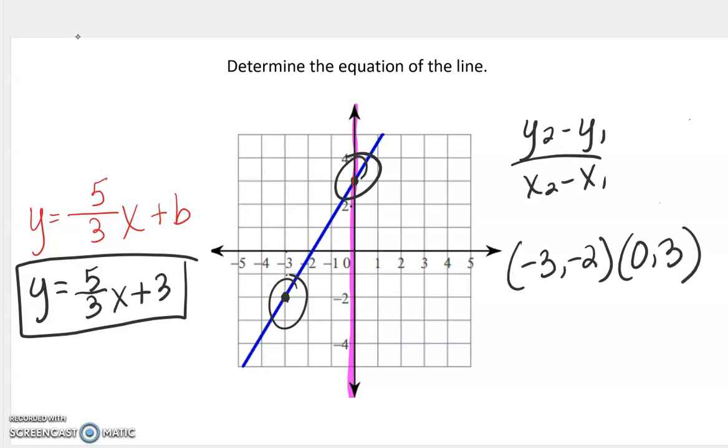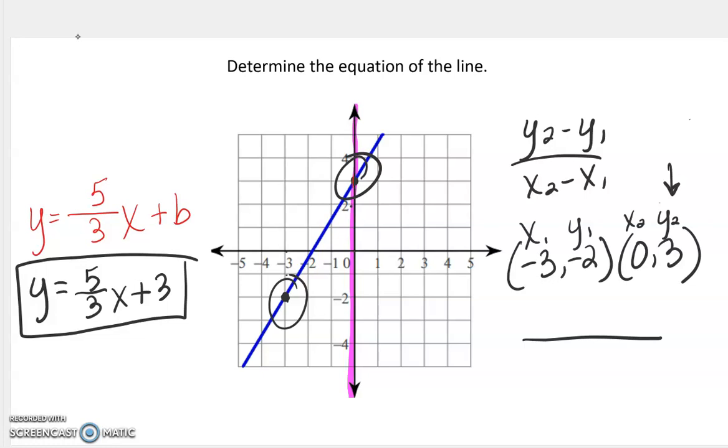So then there you go. You can just say that this is your x1, your y1, your x2, and your y2, and then plug in the information, and then you'll have the same slope. Okay, let's go ahead and just verify that. So let's just plug this in. So we're going to do our y2.